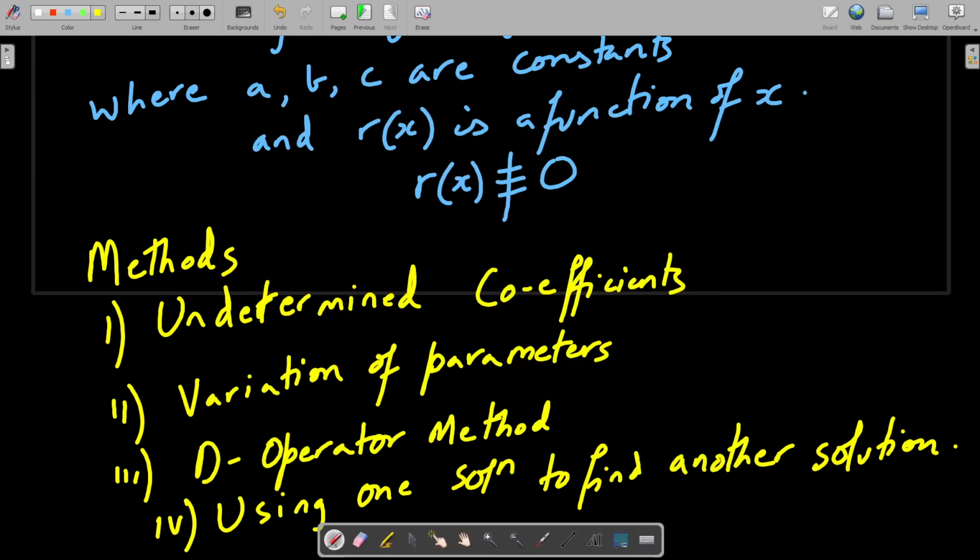Okay, so let us start with the first method, that is the method of undetermined coefficients.